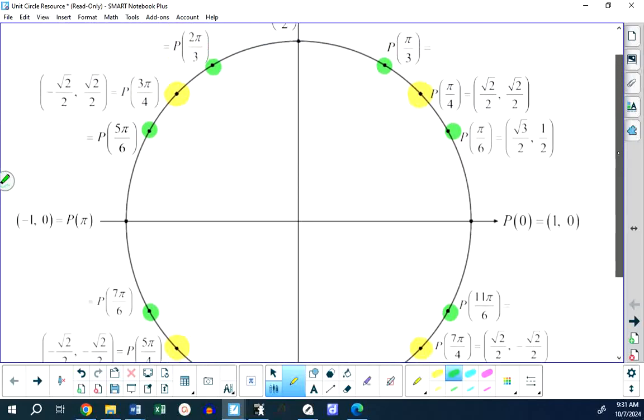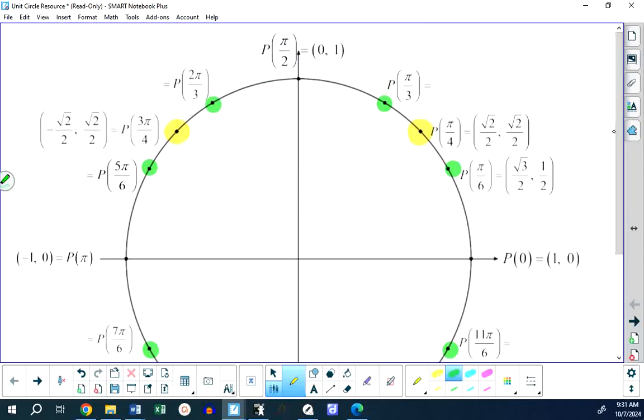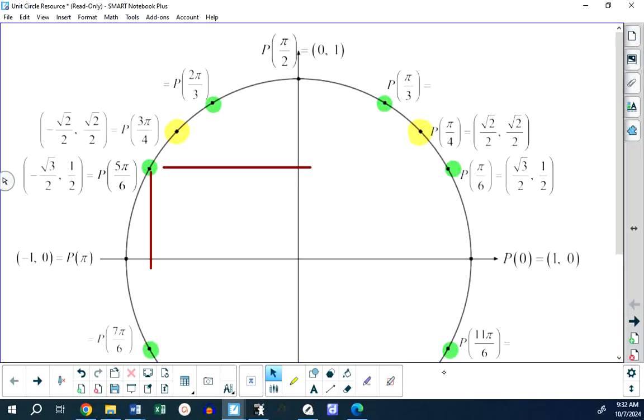So if I go over here into this position at 5 pi over 6, and I just look at this, I'm just drawing this so you can see what I'm thinking of. Does that look like an x-coordinate that's negative a half? No way. Does it look like a y-coordinate is positive a half? Yes. So the y-coordinate is 1/2. The x-coordinate is negative root 3 over 2. Are you guys picking this up?